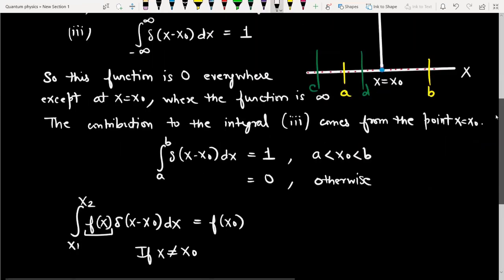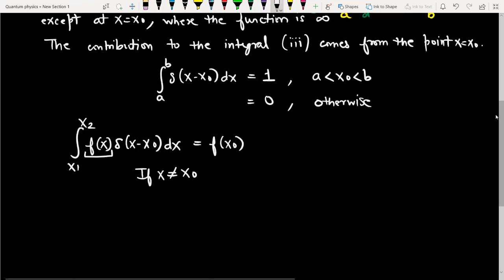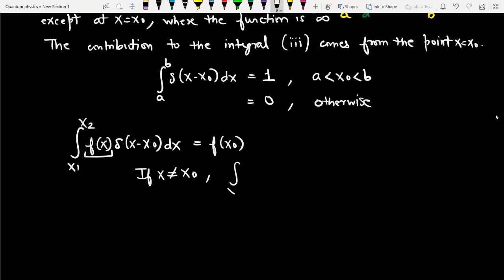So here, for all the points where x is not equal to x naught, the Dirac function would be 0. Therefore, the integral would be 0. So no contribution from those points. So I may write if x is not equal to x naught, this particular integral x1 to x2 f of x del of x minus x naught, this will be 0.